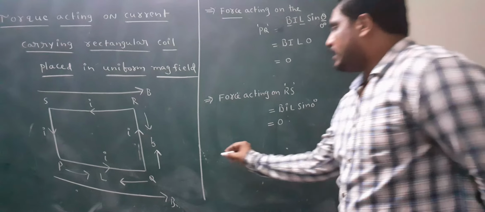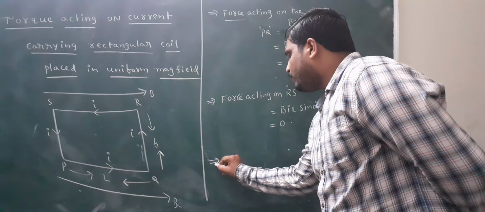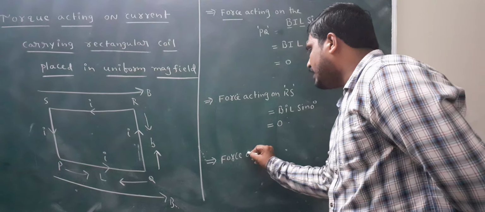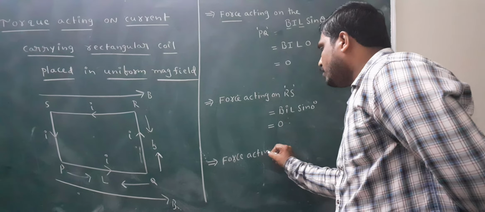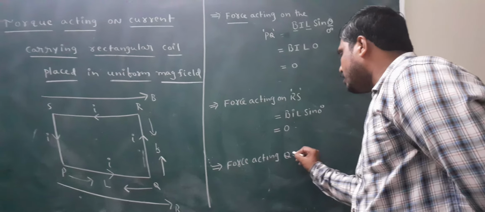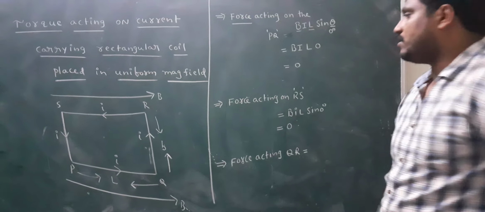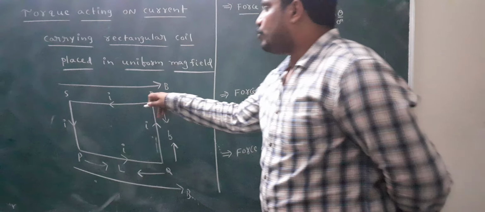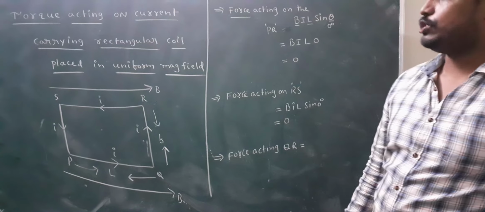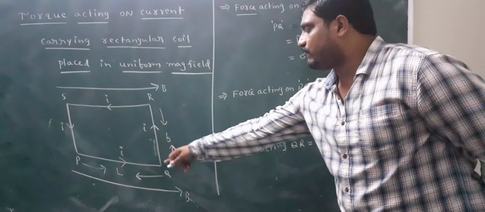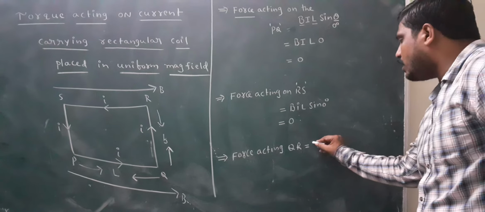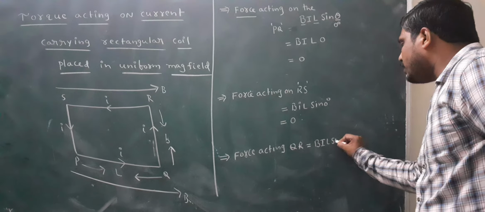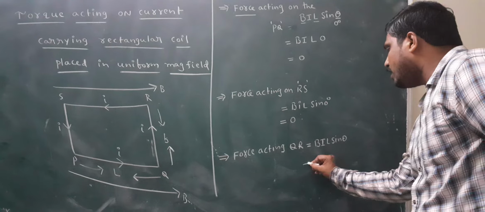Next I discuss the force acting on QR. Force acting on PQ is 0, force acting on RS is 0. Next, to determine the force acting on QR, the force formula is B I L sin theta.